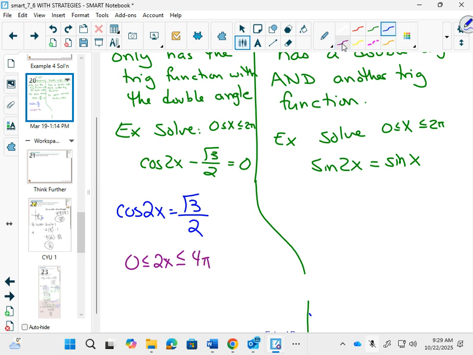Then we solve like normal for 2x. What family is root 3 over 2 for cos? Pi over 6. Pi over 6 family. We'd have quadrant 1 and quadrant 4. Second time around, add 12 pi over 6.